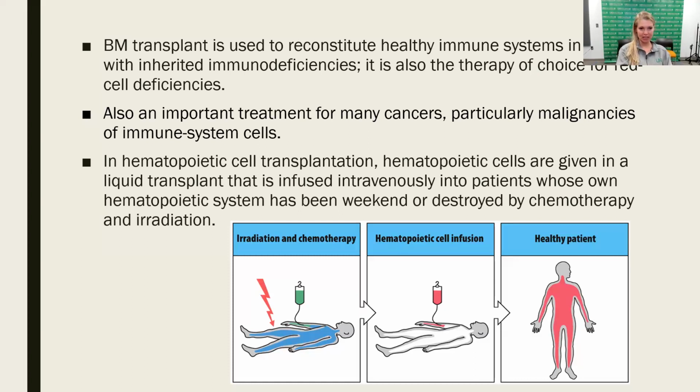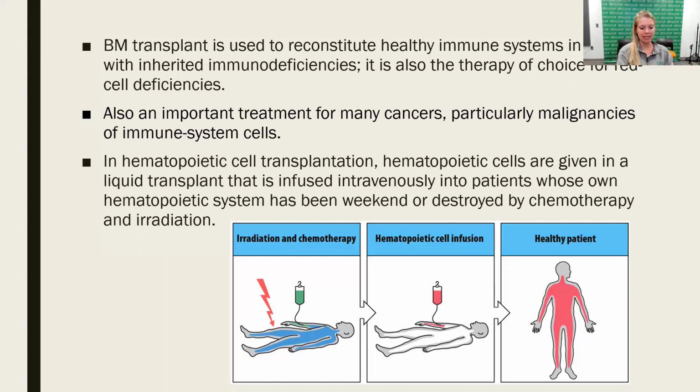A bone marrow transplant or hematopoietic stem cell transplant is used to reconstitute a healthy immune system for individuals, usually children, that have an immunodeficiency. It is also going to be a treatment of choice for adults with leukemias.